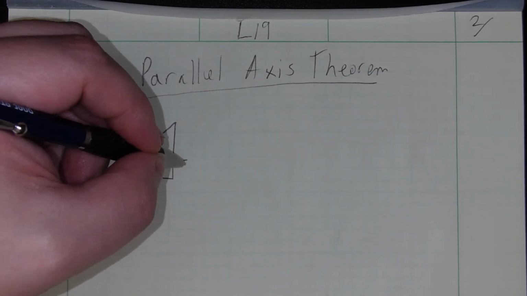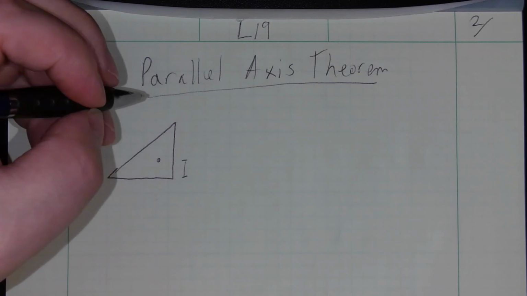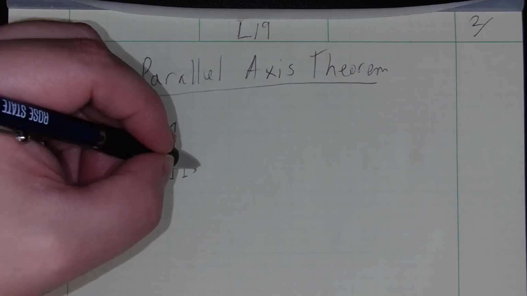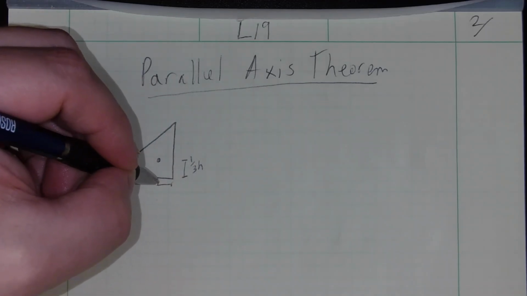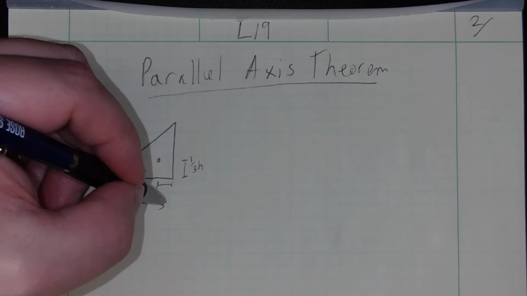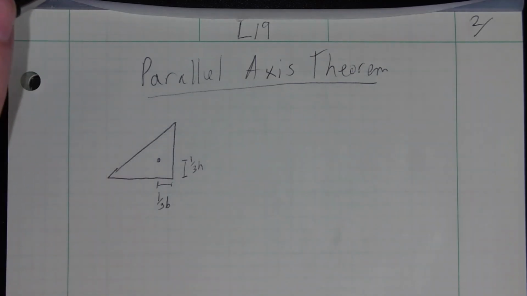So if I've got a triangle here, where this is 1/3 of my height and 1/3 of my base, that's where the centroid of this triangle might be.